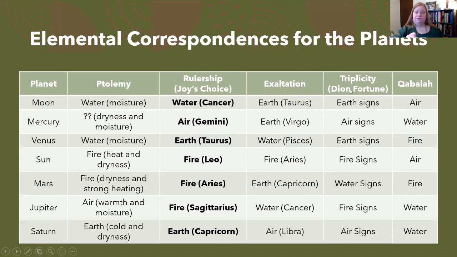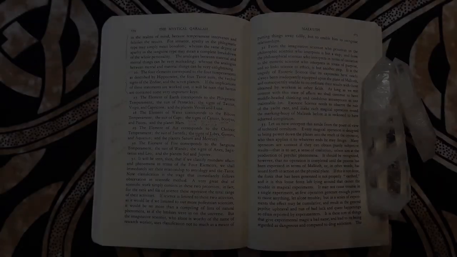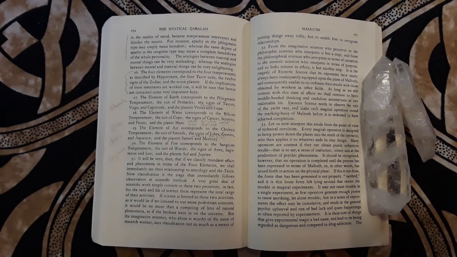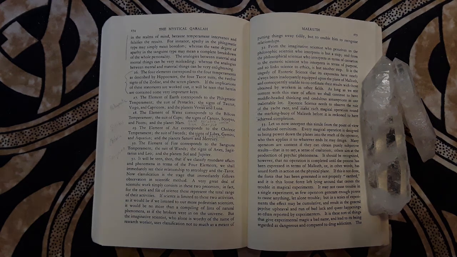I don't know of anybody that uses it, but every once in a while I do hear somebody describe it. I hear people bring it up when talking about elements in the planets, so I want to list it there for you. Dion Fortune in Mystical Kabbalah uses the triplicity rulers.